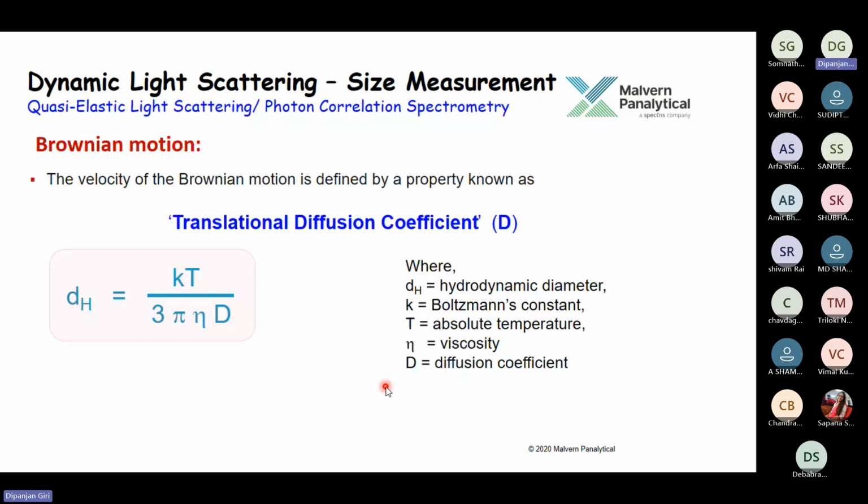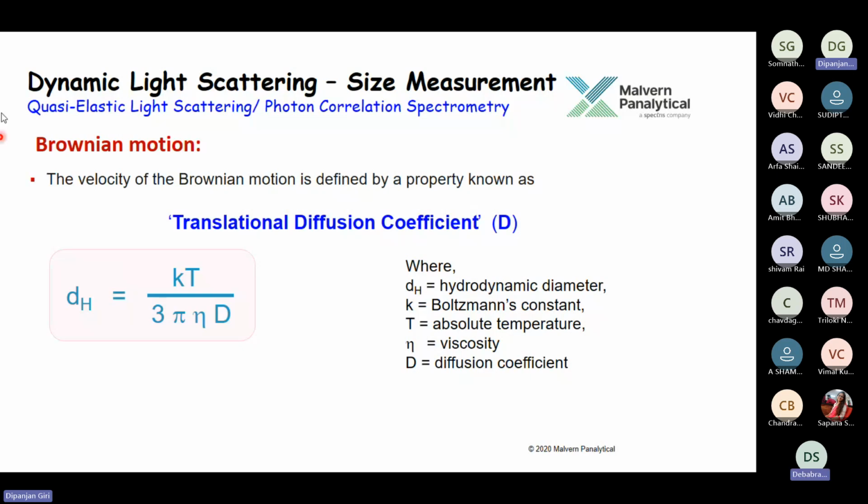The velocity of the Brownian motion is defined by the property known as the translation diffusion coefficient, D. This D is related to the size of the particle by the Stokes-Einstein equation.